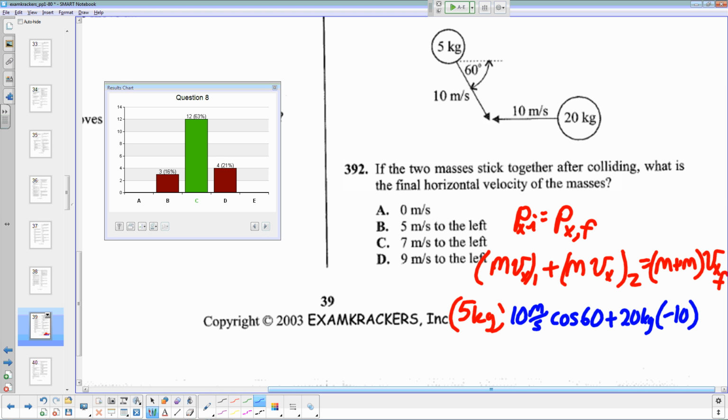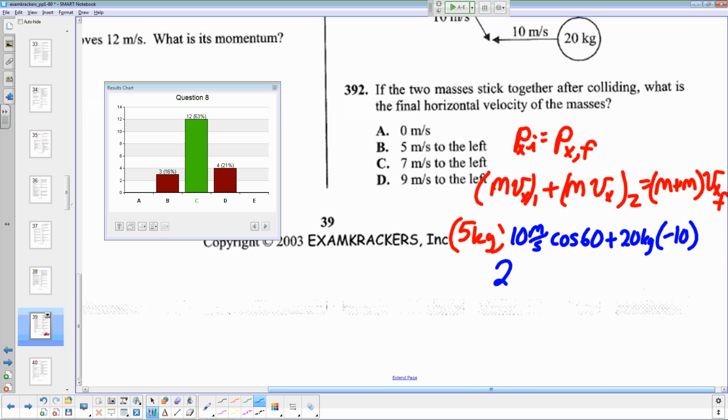Just go ahead and figure out what this is. So this is 5 times 10 times a half, that's 25, minus 200. So that's equal to negative 175. That is my momentum in the x direction, in kilogram meters per second.